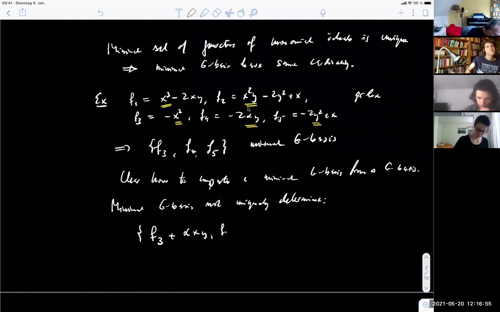The others I keep. Alpha is any field element. And I claim this is also a minimal Gröbner basis.